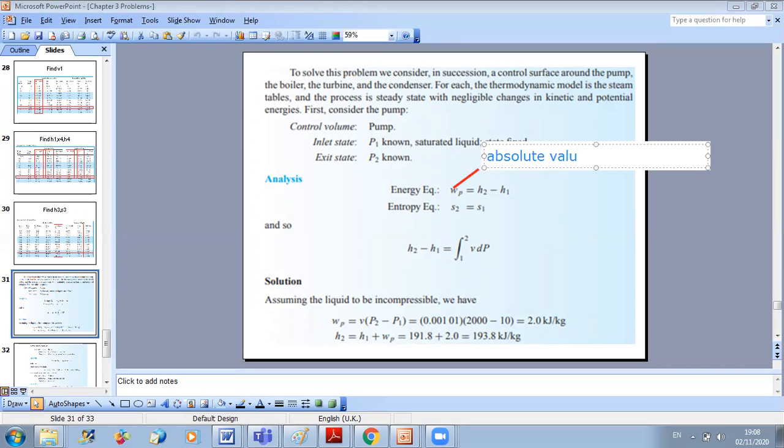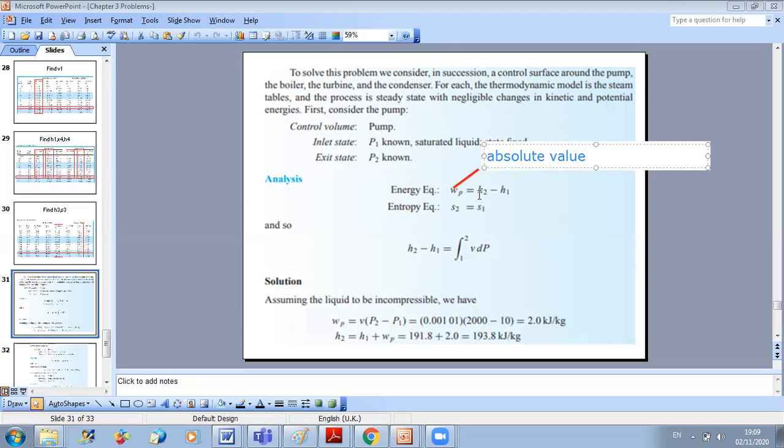If you want, they take the absolute value of each part, and after, when we want to calculate the efficiency, we do W turbine minus W pump. So do what you want, just understand what you are doing.